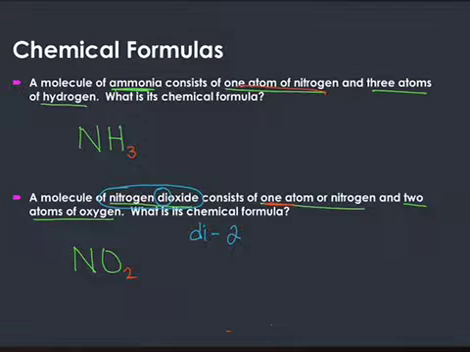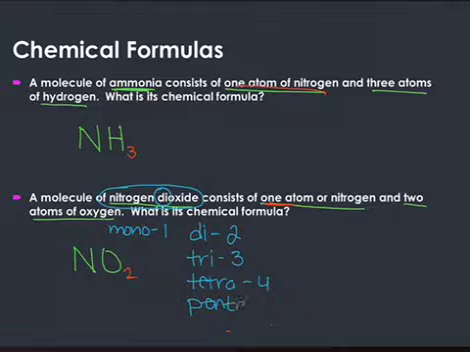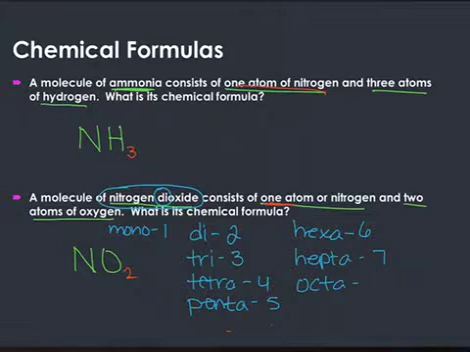And so I think you might be familiar with like tri would equal 3, mono is 1, tetra is 4, penta 5, hexa 6, hepta 7, octa 8, and I think that's about as high as we need to go.